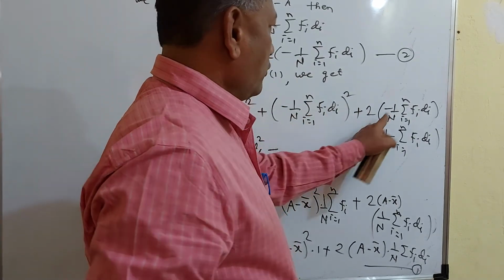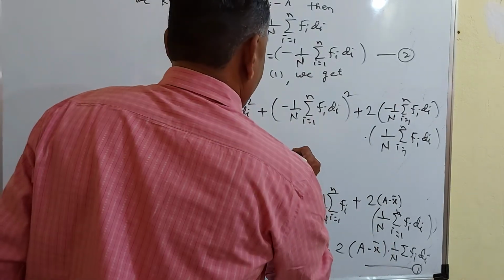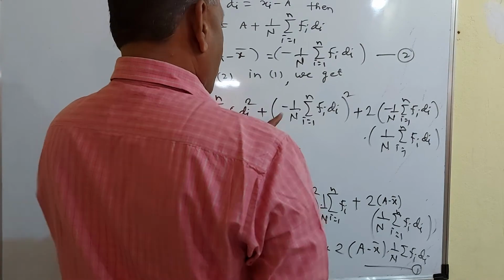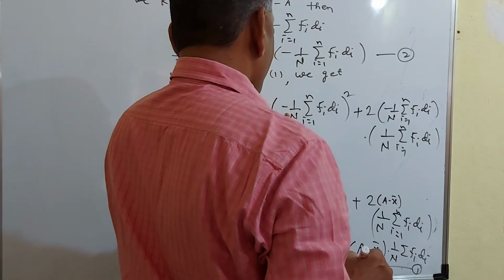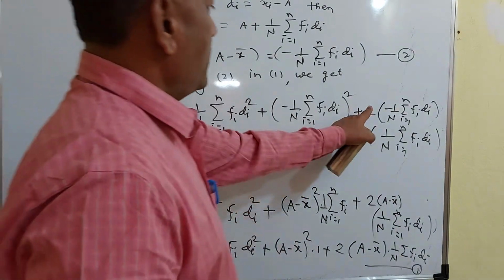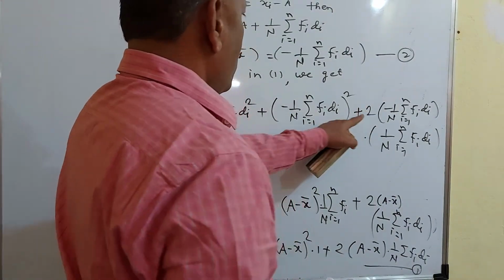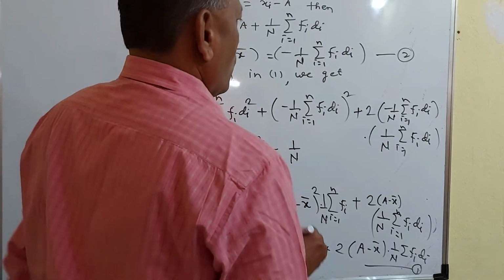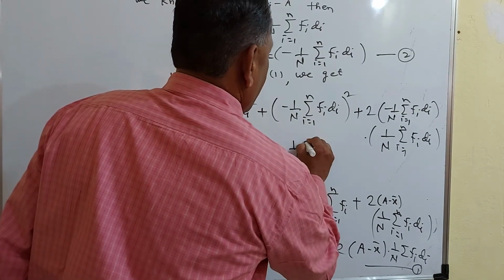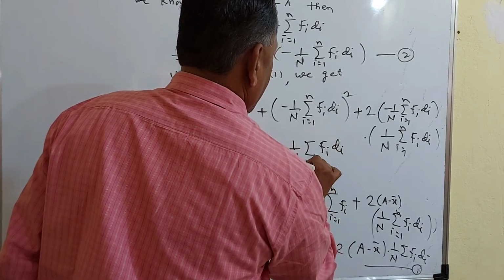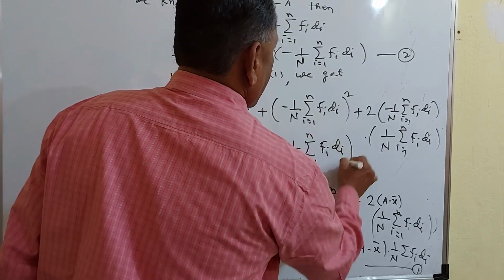One time this and two times this means minus 1 plus 2, here minus 2 plus 1, minus 1, 1 upon n summation of fi into di, i going from 1 to n, and its square.